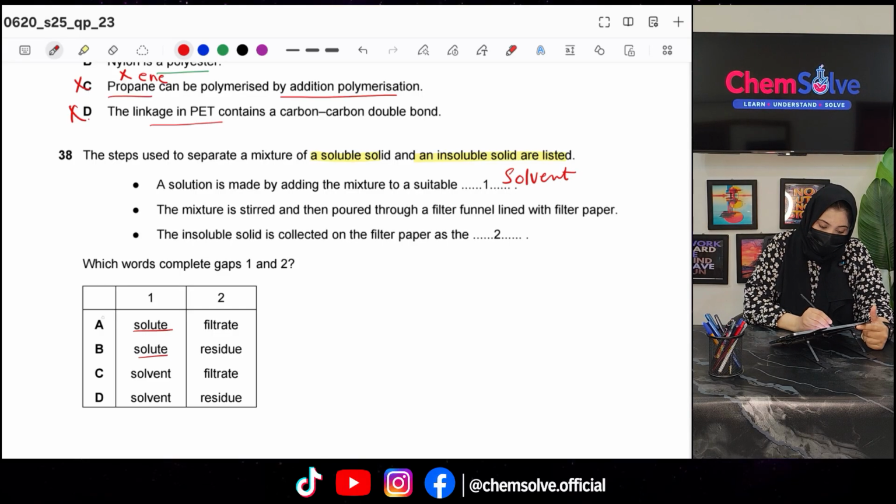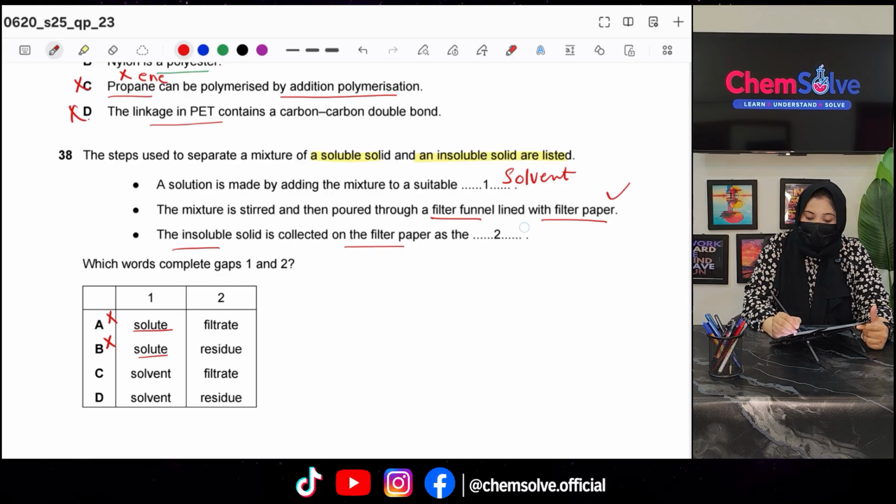He is saying solute. So A and B are the incorrect options. The mixture is stirred and then poured through the filter funnel lined with filter paper. The insoluble solid is collected. It is called residue.